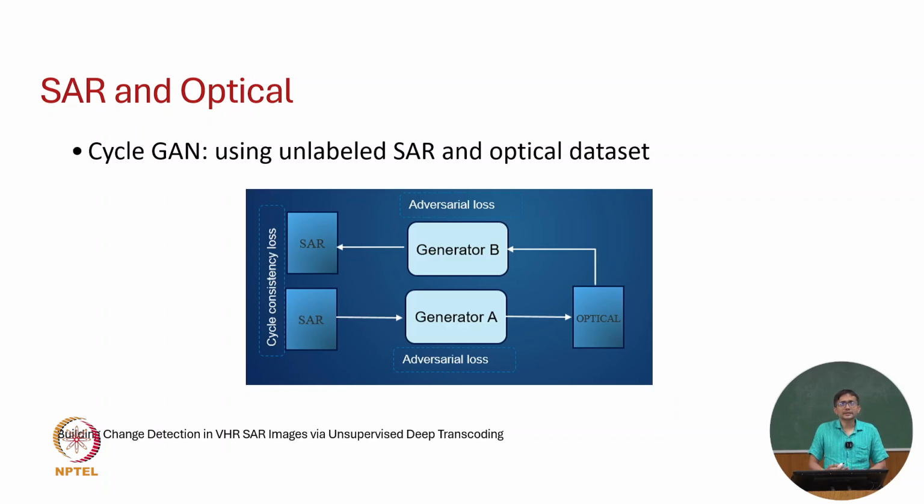Now, once this training has been done, in the particular work that is cited below, it was shown that this generator, you can take it out and you can now use this as an effective feature extractor for SAR images. Which generator would you take out? We said that we are interested in feature extraction for SAR images, right? So we'll take out the generator A.